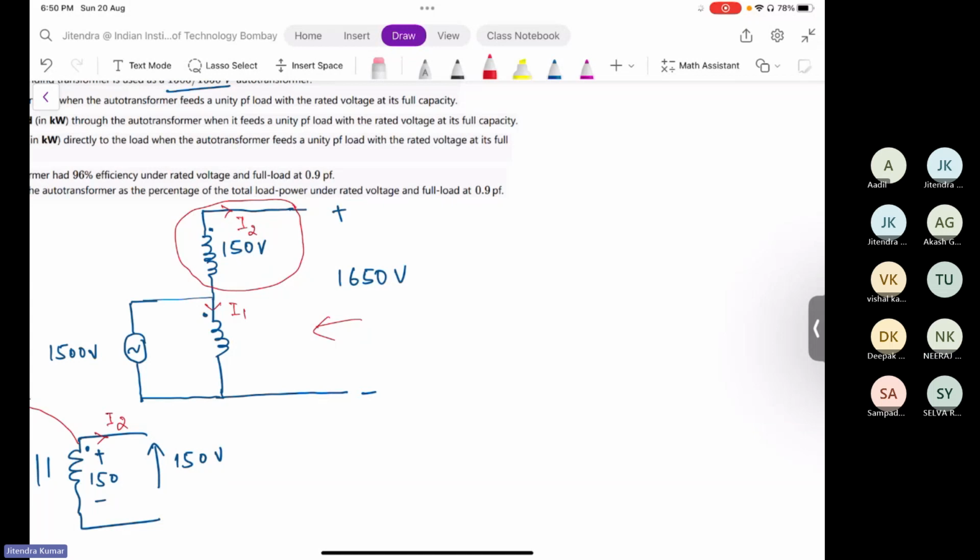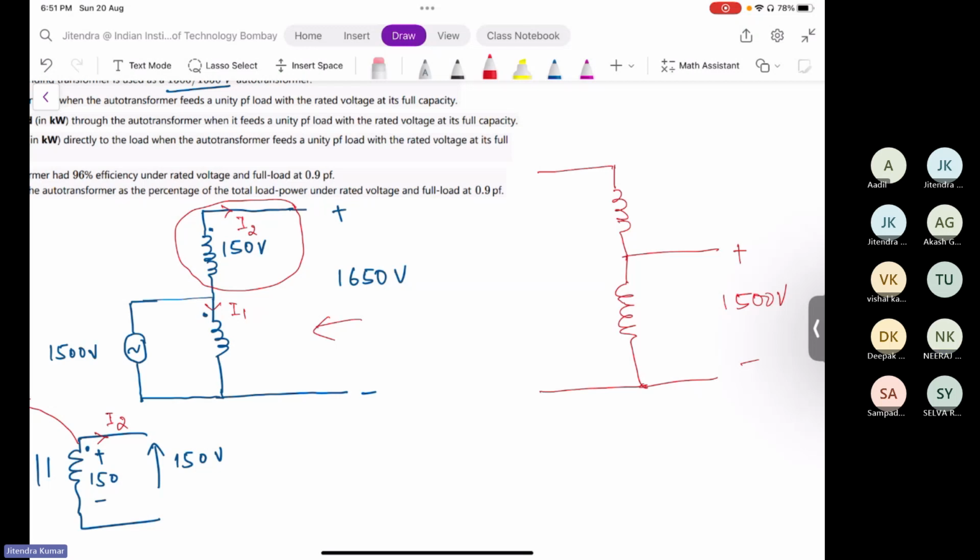So see, let us suppose you have connected this 1500 volt side, and 150 is the same. Yes, sir. So whatever possibility you can think of, you must try to draw on your own and see what other possibilities come.